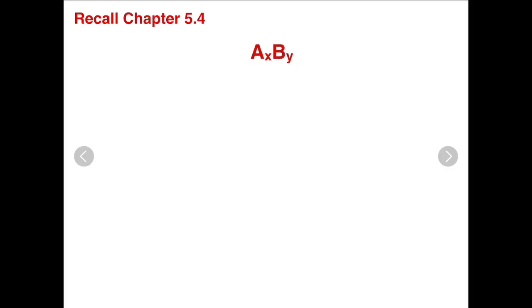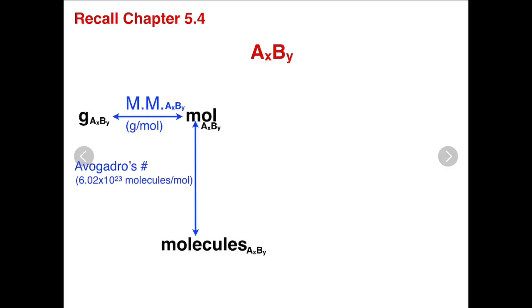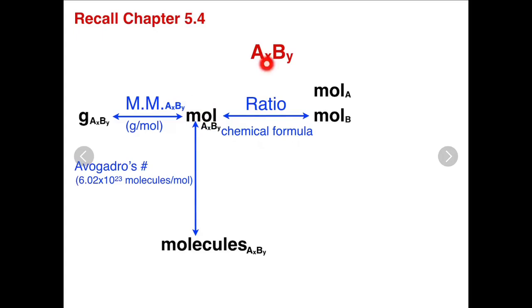And in chapter 5.4, you learned the conversion of that. For example, if you know grams of the molecule A and B, you should be able to use molar mass to convert back and forth between grams and moles. And if you know moles of A and B, you also can convert that using Avogadro's number to get the number of molecules as well. And what we learned in chapter 5.4 is that if you want to look at each type of atom or element within the molecule, you can use the ratio within the chemical formula, which is X and Y here.